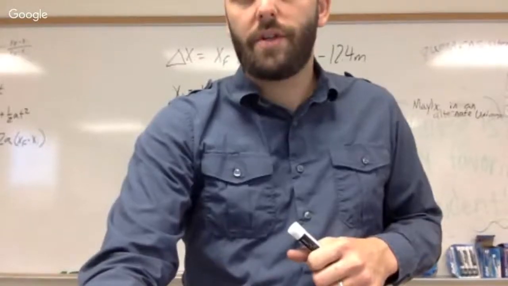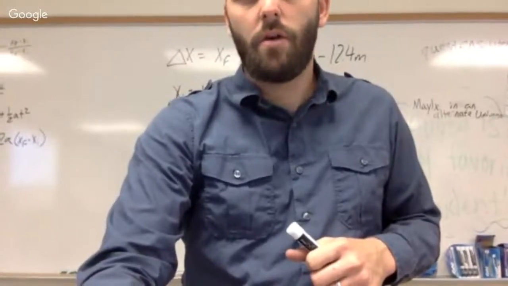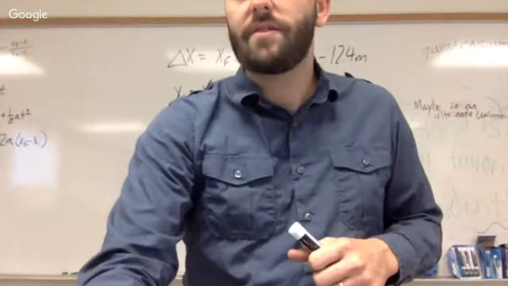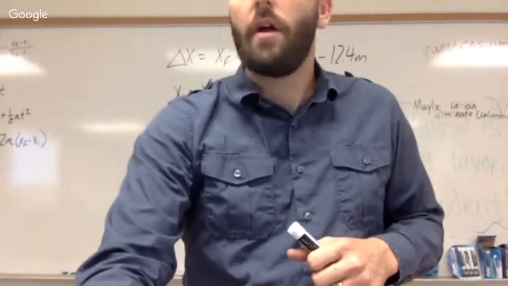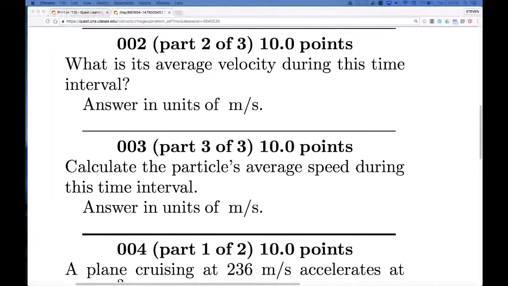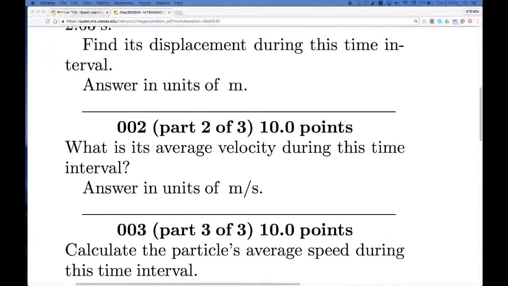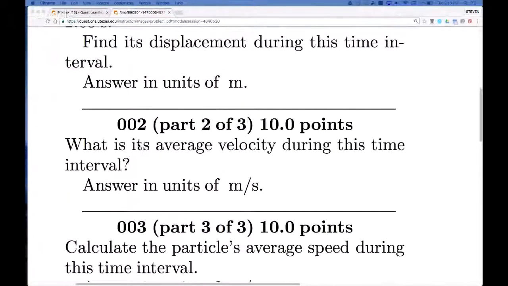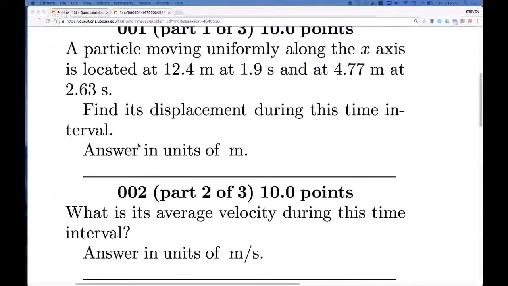So it tells us now, what is the velocity. So when we're looking at that, we're now trying to solve for the average velocity using the same information that we had up here. We're going to use the time now to help us and the displacement that we just found.